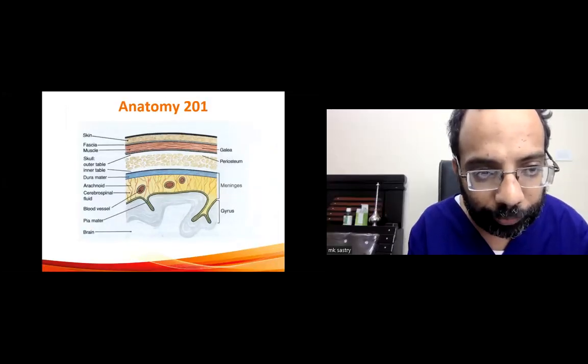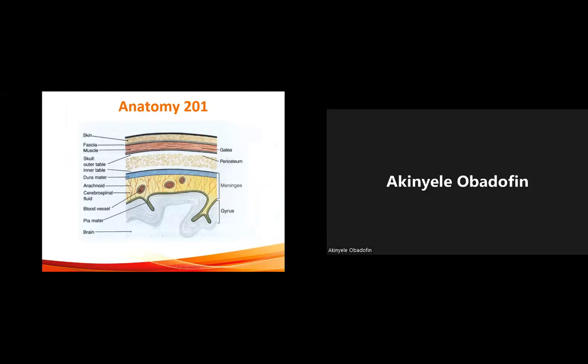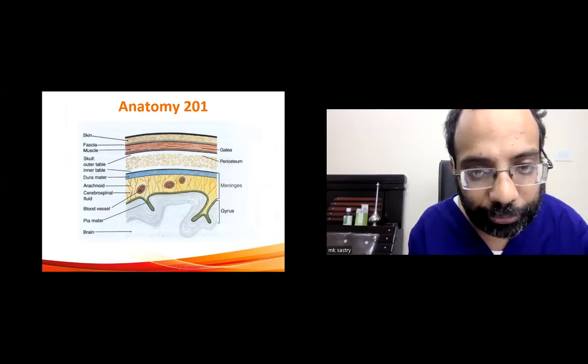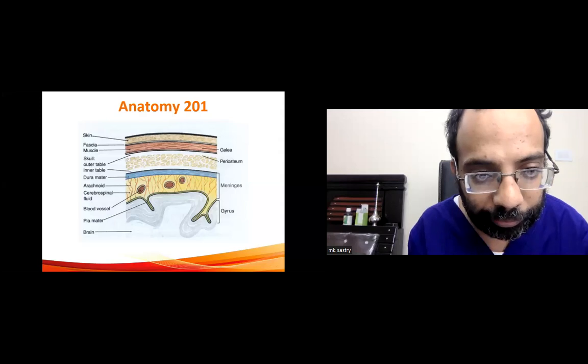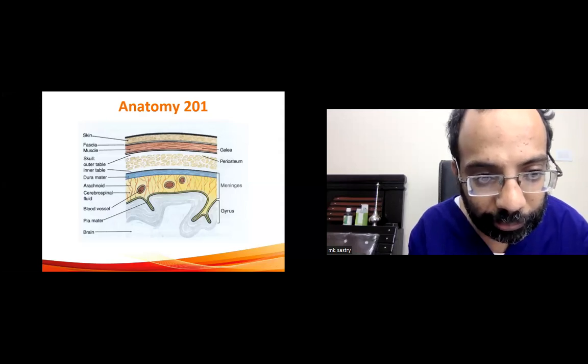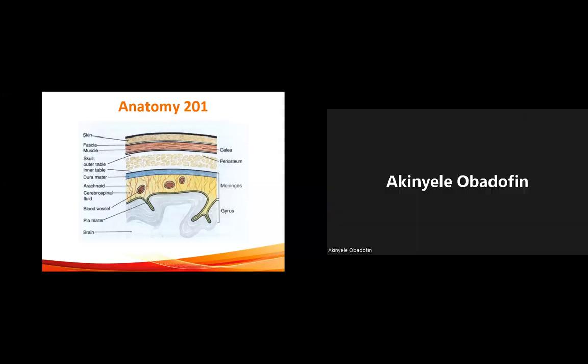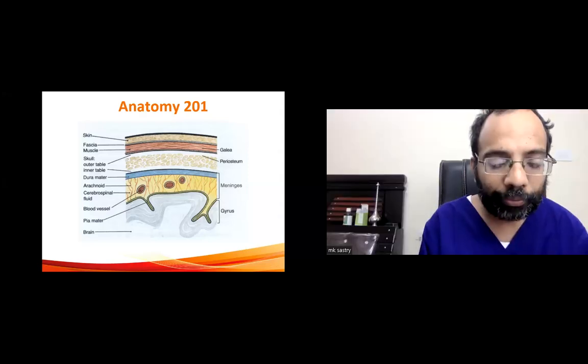This is the anatomy of the skin, fascia, muscle, and skull. This is the importance of the fascia, because it is very closely associated with the skull. Arachnoid, cerebrospinal fluid, blood vessels, dura mater, and the brain.